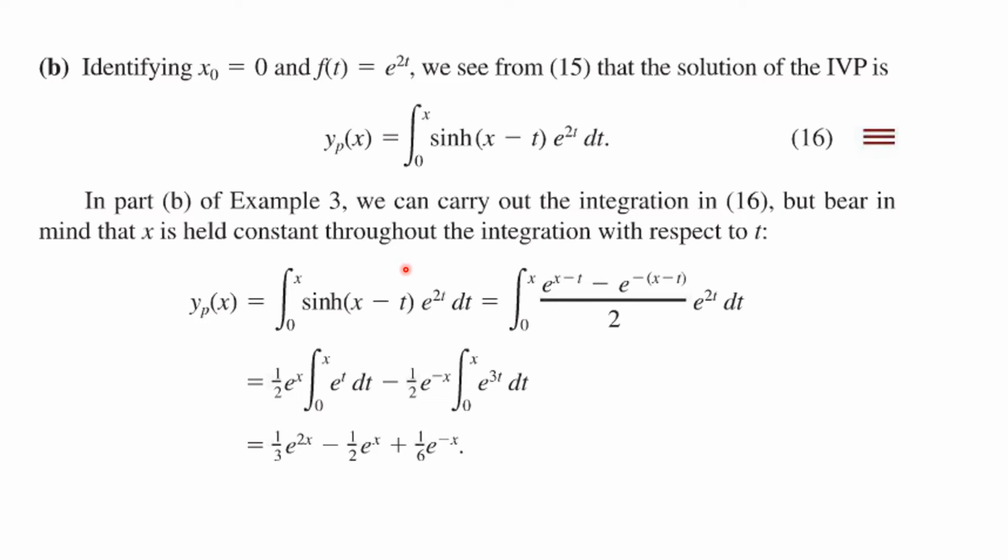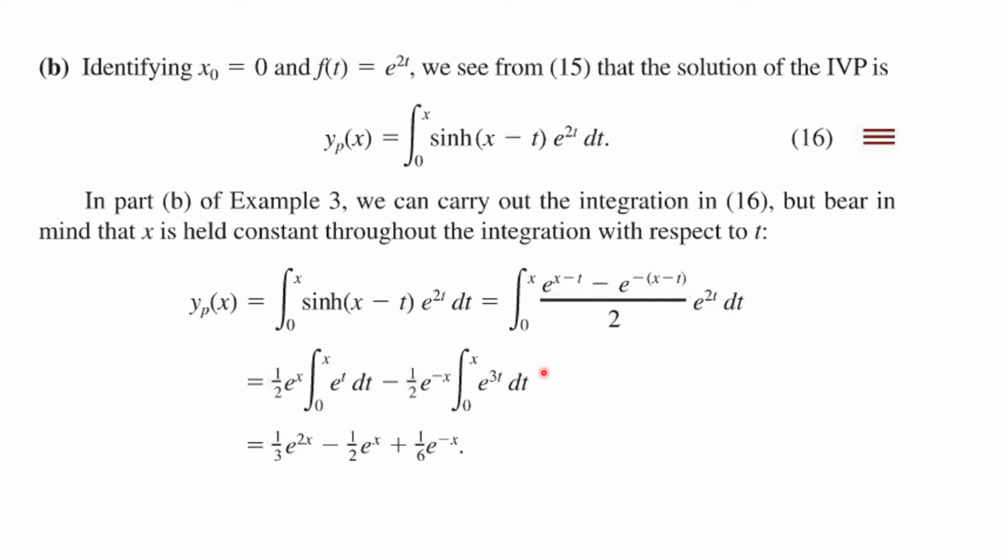So the best thing to do here is to write what the hyperbolic sine is in terms of the exponentials and use properties of exponentials, and realize that x is a constant when you're integrating with respect to t, but it's also the top limit of the integration.